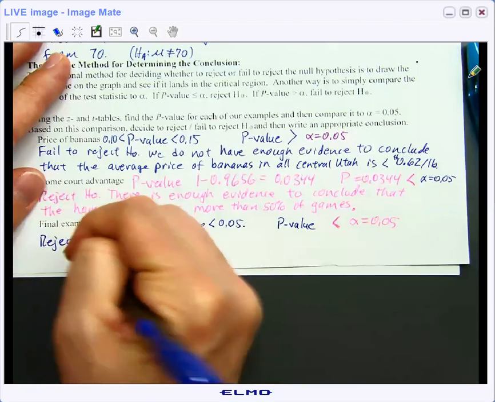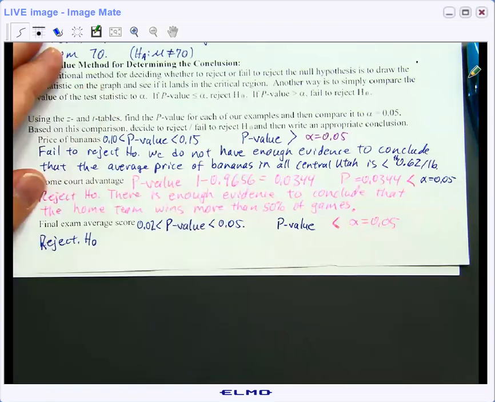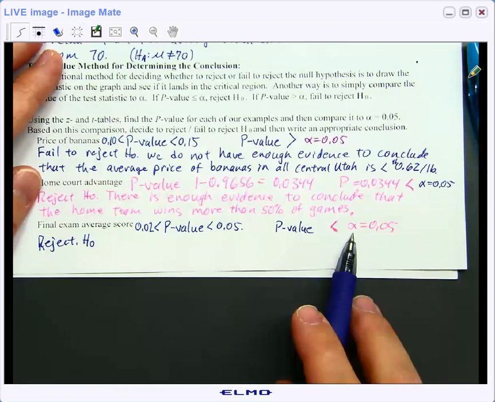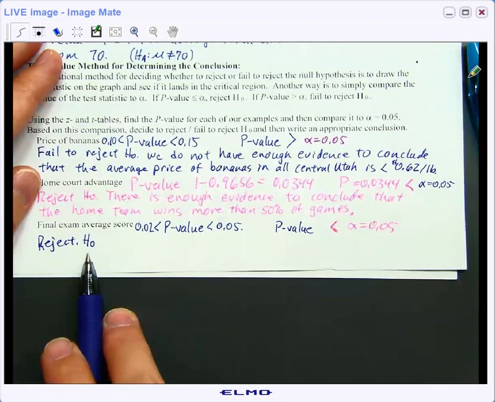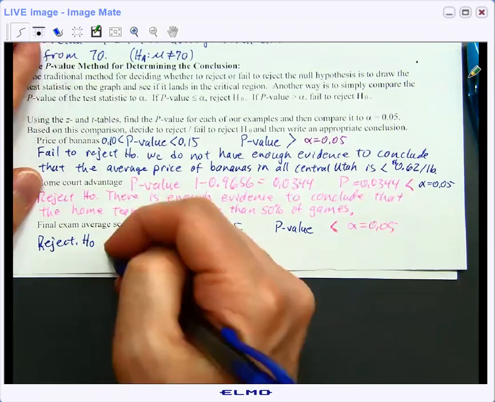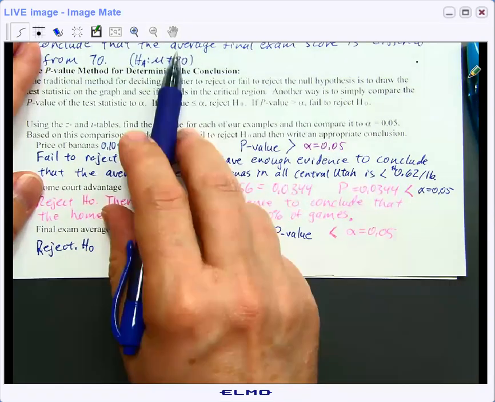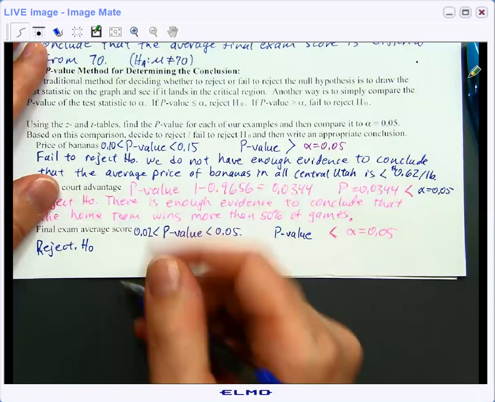Some people like a little mnemonic, and the mnemonic for this is if the p is low, meaning less than alpha, then the null must go, so we will reject H0. And once again, give our real world conclusion. Since our alternate hypothesis was that the average score is not 70, that's our guilty verdict. We're going to go with that, put it into words.